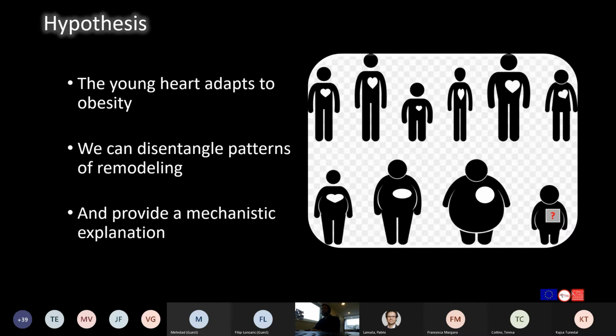And we used the body mass index, or the BMI, as a marker for the obesity. And we thought that through statistical shape models, we would be able to distinguish the patterns of remodeling from other biometrics, such as sex and age. And we also wanted to provide some mechanistic explanation for the occurring changes.